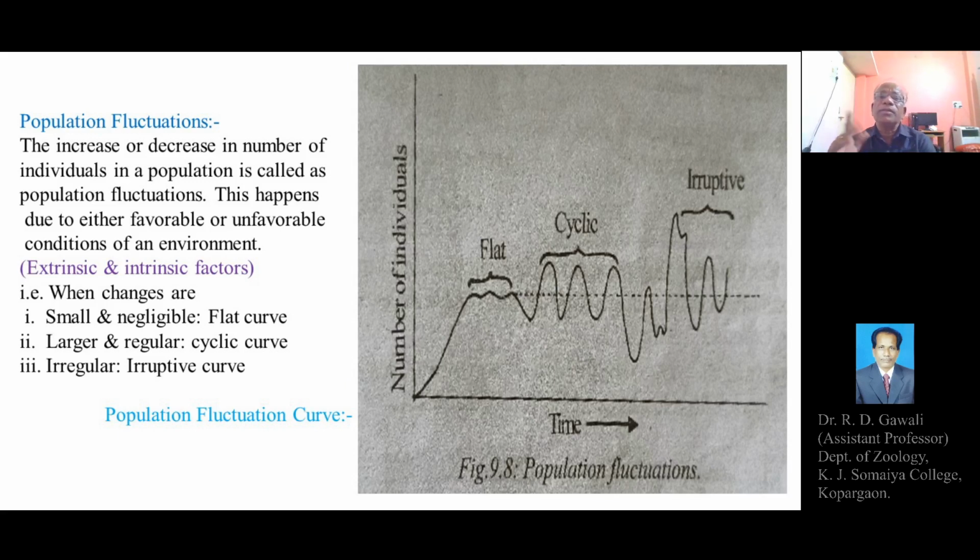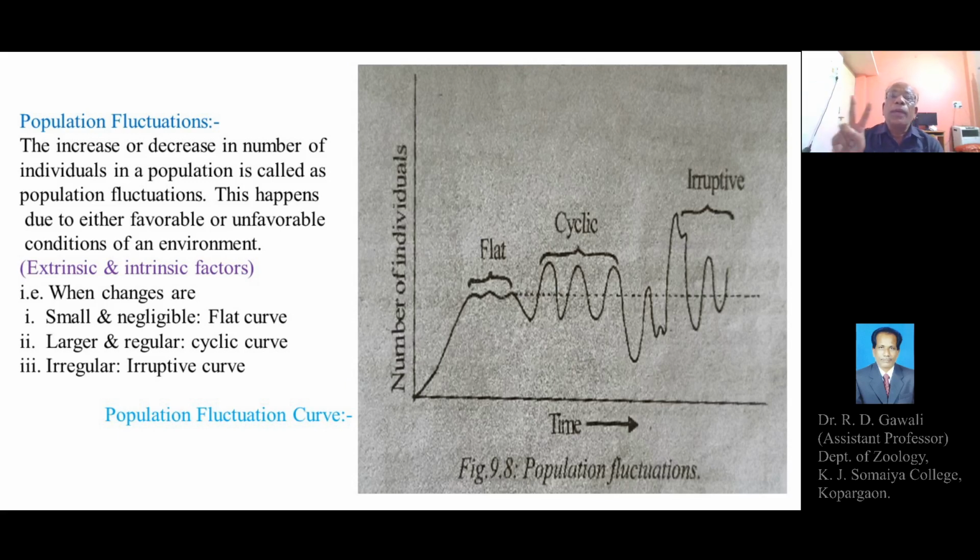Extrinsic factors means abiotic factors or the parameters of the environment, and the intrinsic factors are the inherent features or the ability or the capacity of the species or the population or the organisms. Extrinsic factors represent the carrying capacity of the environment, and intrinsic factors represent the biotic potential of the population.